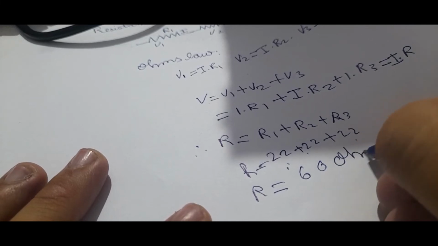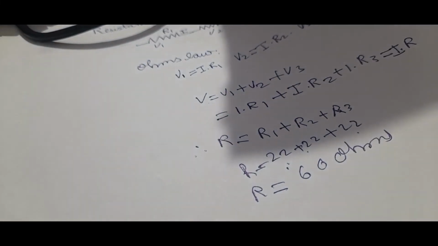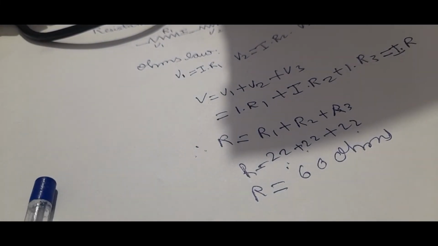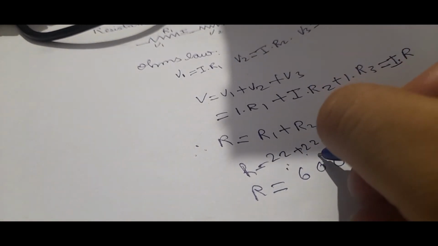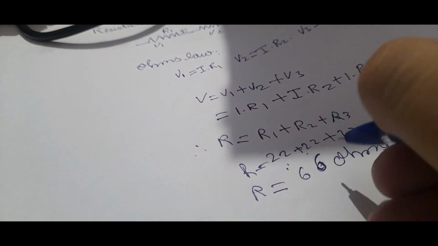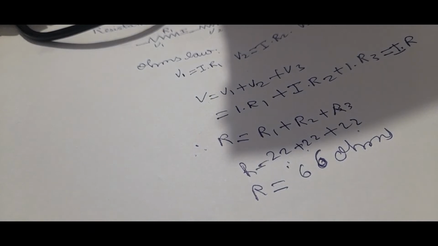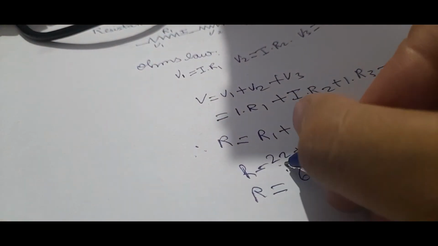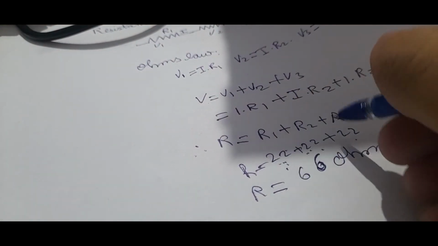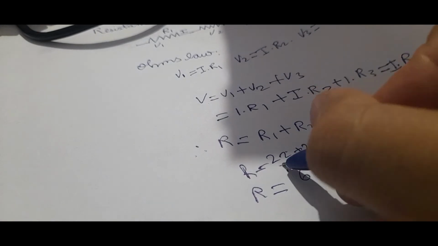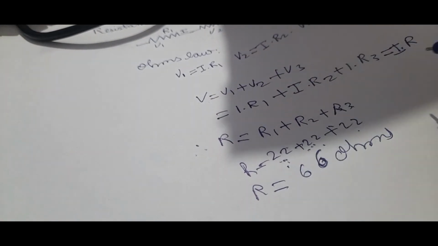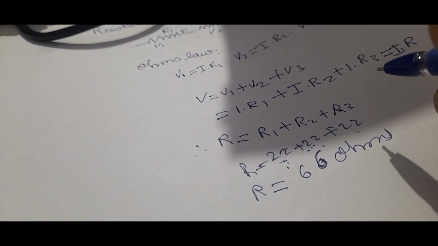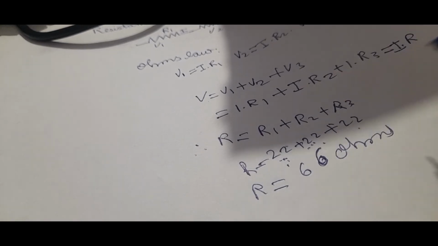So the value of the resistance will be 66 ohms. How? Here we just take the sum of R1, R2, R3: 22 plus 22 will be 44 and 44 plus 22 will be 66.